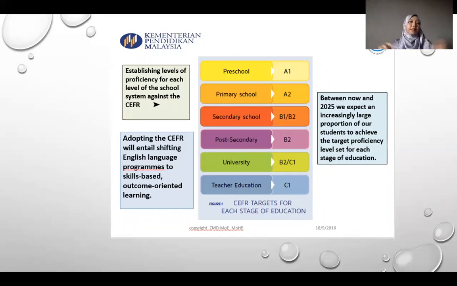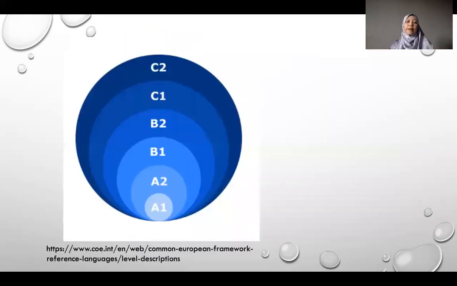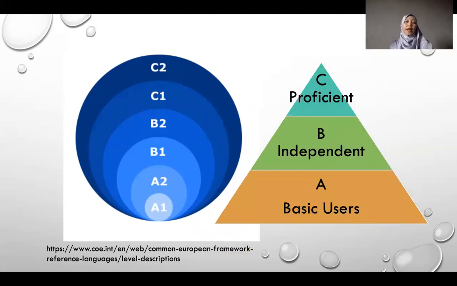All right, what do A1, A2, B1, B2, C1, and C2 mean? Okay, based on the CEFR, there are 6 levels: A1, A2, B1, B2, C1, and C2. A is for the basic users. We start with A1, remember, the preschool kids.